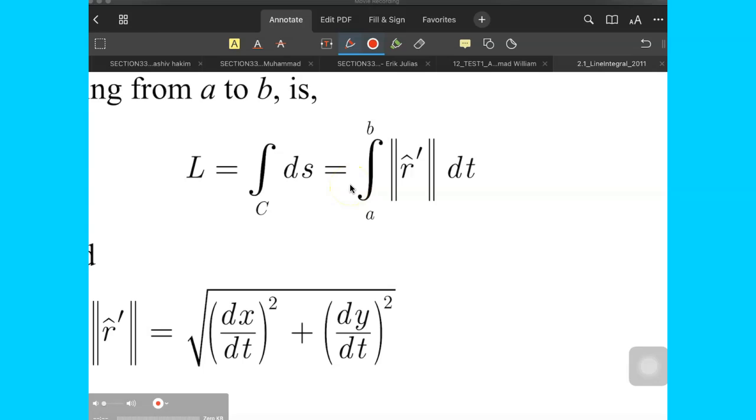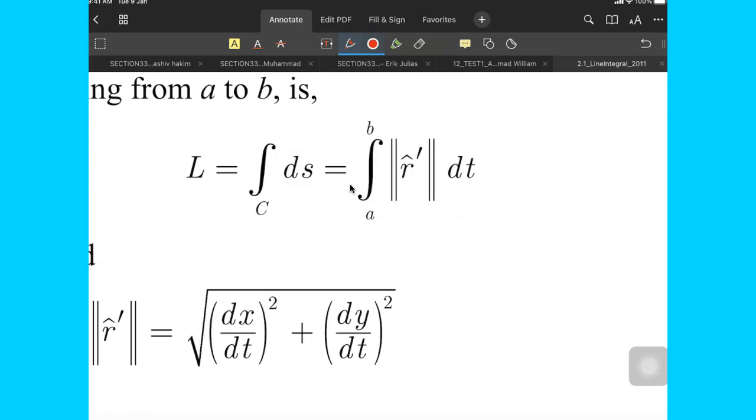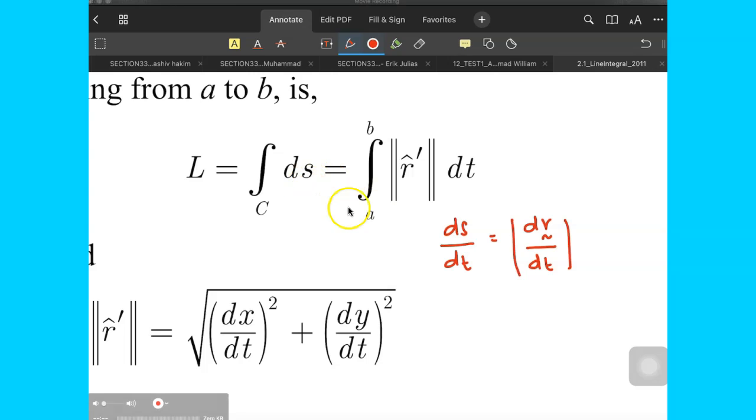Okay, so how can we have this particular formula? We have ds over dt is dr over dt, because the left side is a scalar form, the right side is a vector r, and when you differentiate it is still a vector, but you want to obtain the scalar value of this, so you have to find the magnitude.